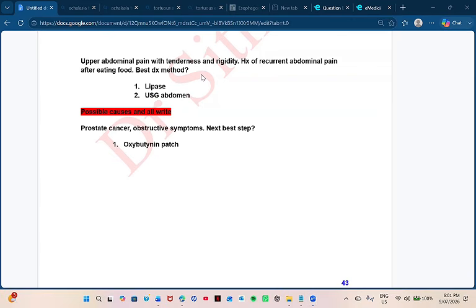Tamsulosin, the alpha blocker, is for the obstructive symptoms. So when should you add dutasteride or finasteride? What is the reason for adding those drugs to tamsulosin? I have explained this in the November recall session and other sessions as well. I can't remember exactly, but I have given a separate note in November. When to add?